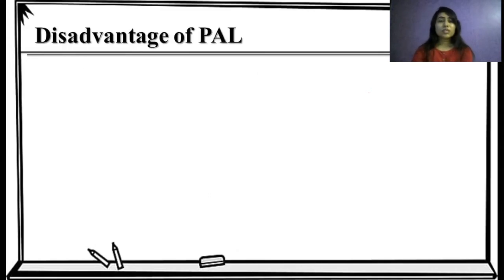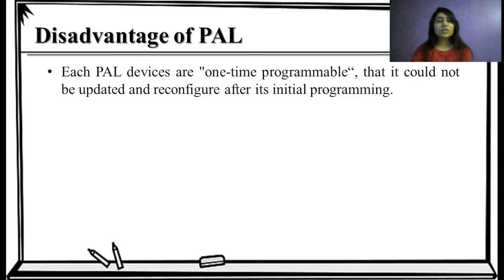A disadvantage of this PAL is that each PAL device is one-time programmable. That means the connections cannot be updated or reconfigured after the initial programming, because here we only program the AND gate and we can't alter the fixed OR gate.